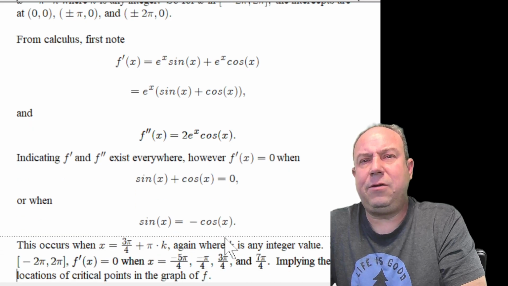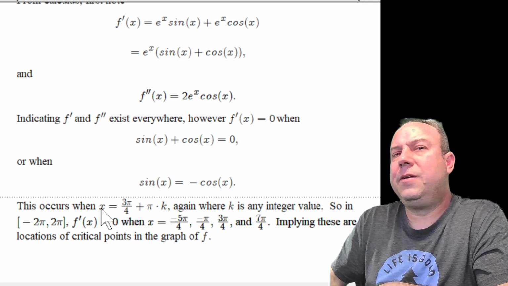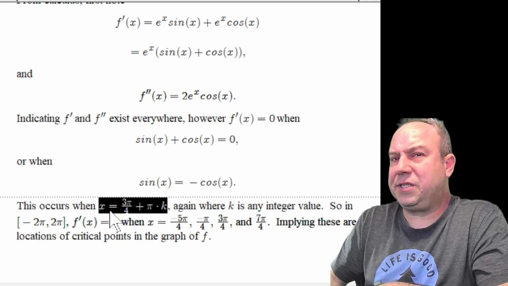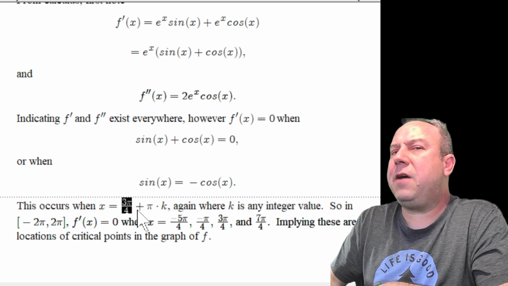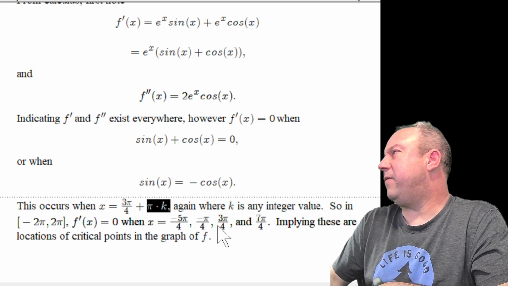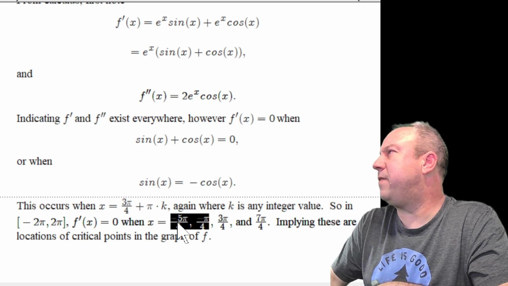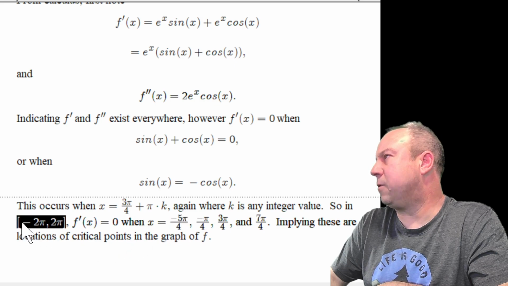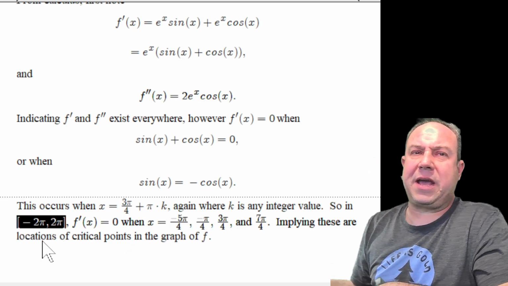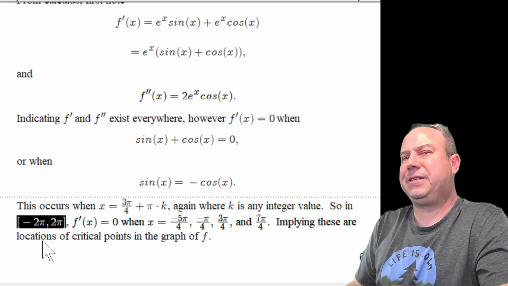I do note these exist everywhere, and the first derivative equals 0 at 3 pi over 4 plus multiples of pi. So that gave us 3 pi over 4 and 7 pi over 4 in the positive direction, and negative pi over 4 and negative 5 pi over 4 in the negative direction. In this interval from negative 2 pi to 2 pi, those are our critical locations.